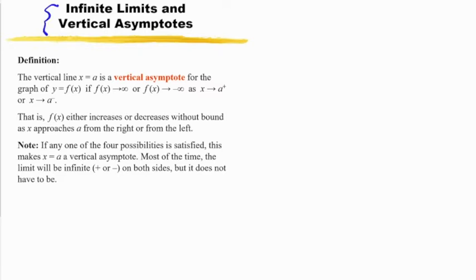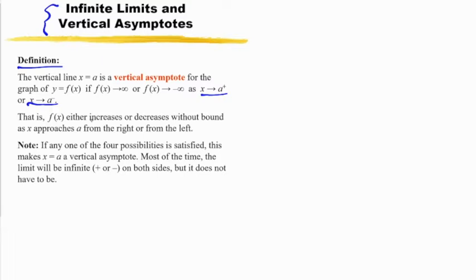So let's look at this. Infinite limits and vertical asymptotes, they give us this definition. The vertical line x equals a is a vertical asymptote for the graph of y equals f of x if f of x goes to infinity or negative infinity as x approaches a from the right or left-hand side. That is to say, f of x either increases or decreases without bound.